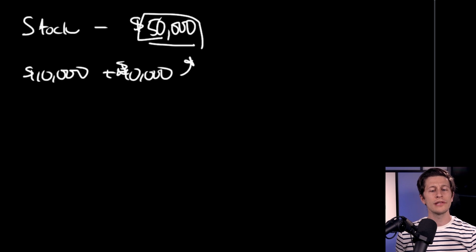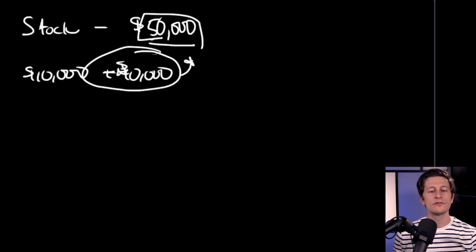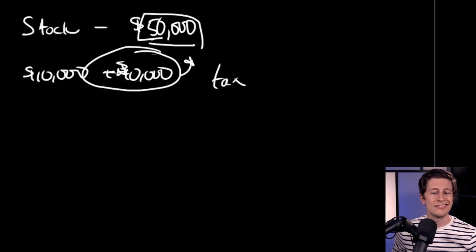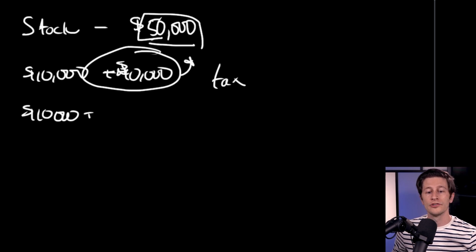If you actually want the 50K for something, once you sell and realize these $40,000 in gains, you're going to have to pay some amount of tax. And so there's a perspective, certainly, that says you really shouldn't have the stock at 50,000. You should have it at 10,000 plus the 40,000 minus your capital gains rate.